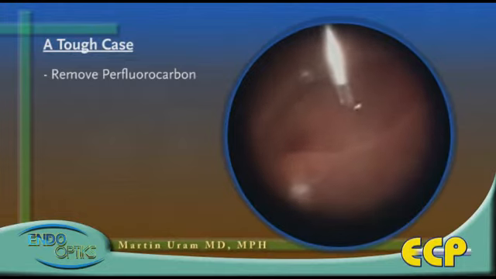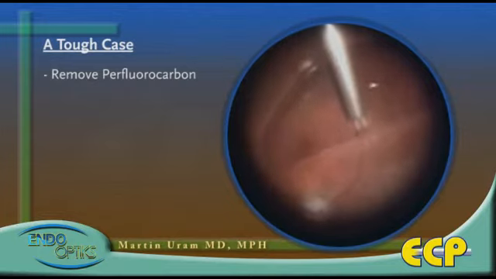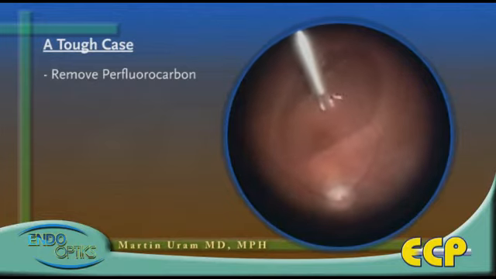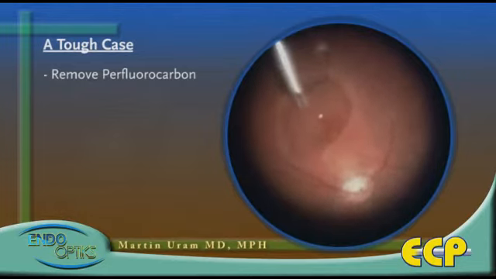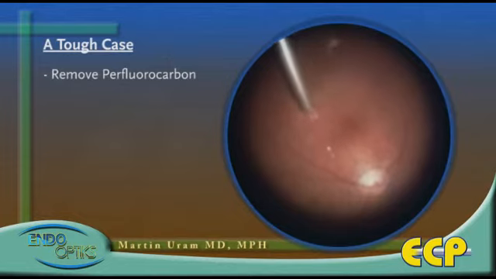The goal here is to aspirate all of the perfluorocarbon liquid, since in the long run this material is toxic to the retina. The bubble's very small now and pretty much gone from the eye.